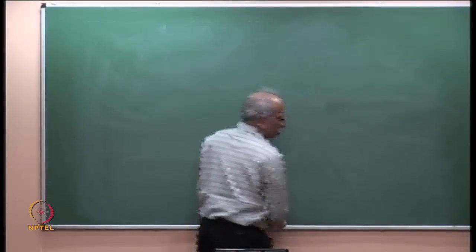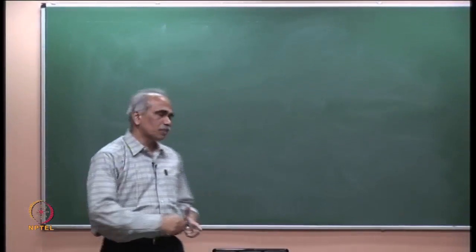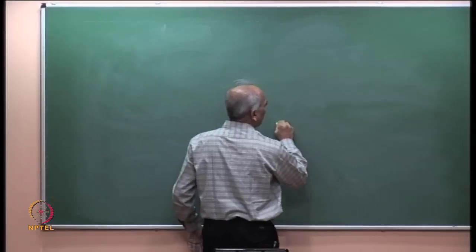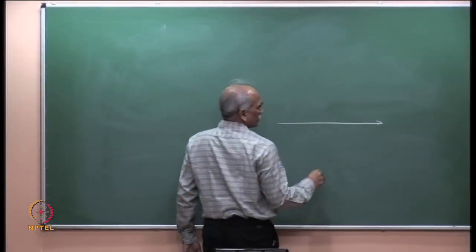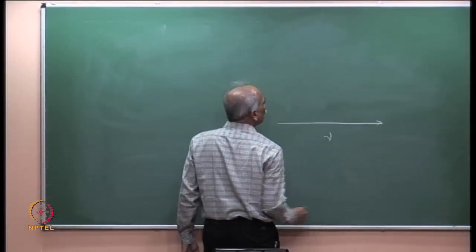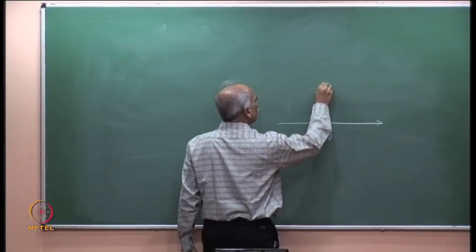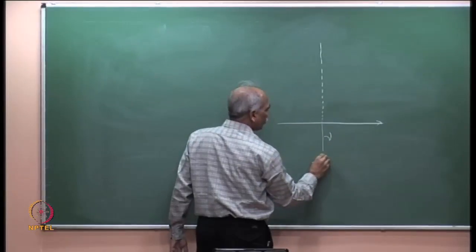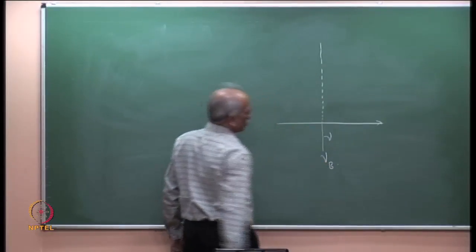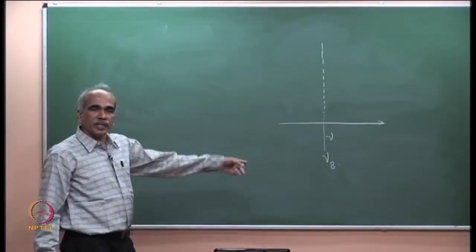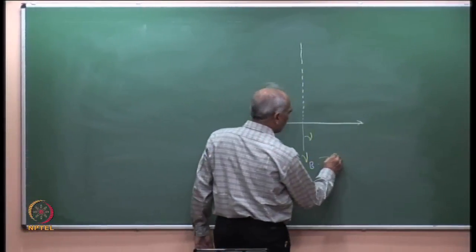If you see the actual spectrum of a distributed feedback laser, this is nu, and this is nu b, the Bragg frequency corresponding to lambda b.